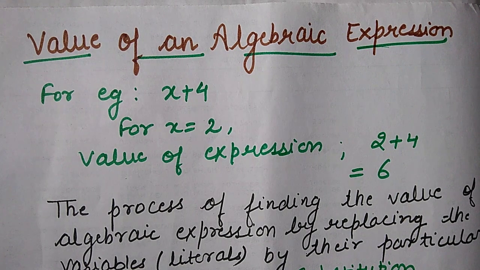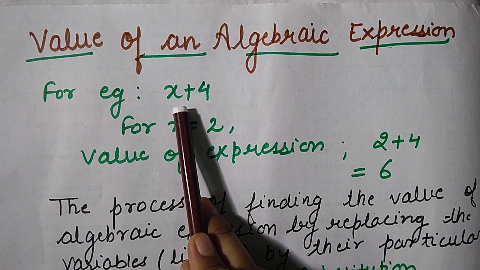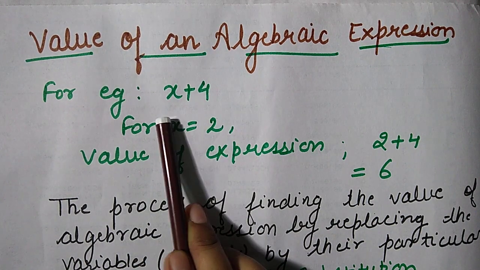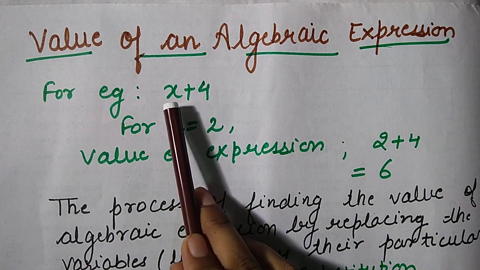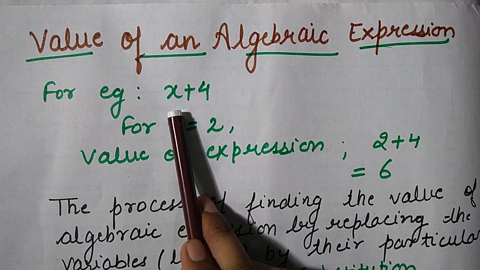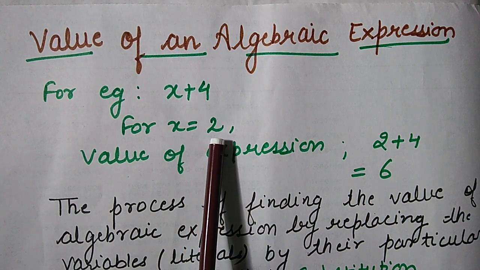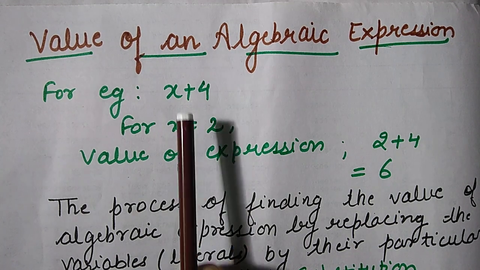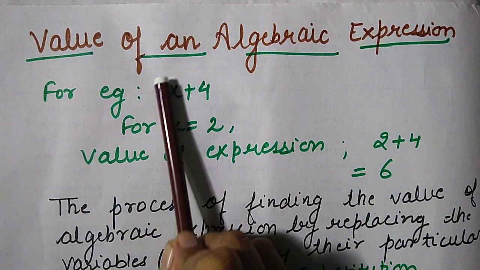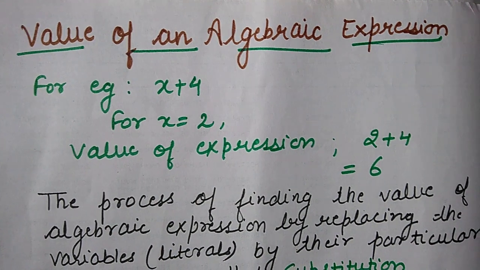Okay, so for example, we have given an algebraic expression, that is x plus 4, and we have to find the value of this expression. For that, what we have to do? So first we will replace the variable with a numerical number. Here I have taken the numerical number as 2. So I will replace this variable with 2. So that will give the value of the expression.